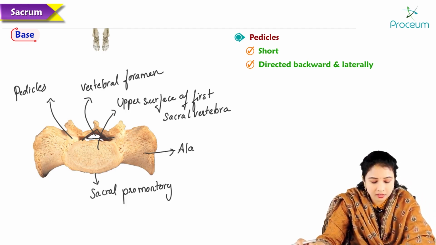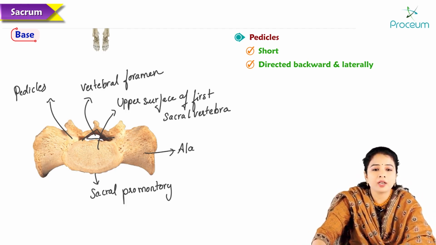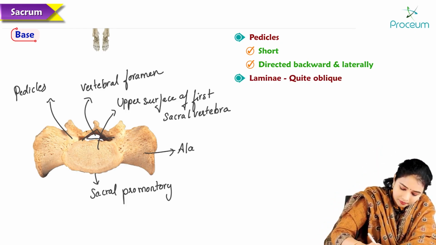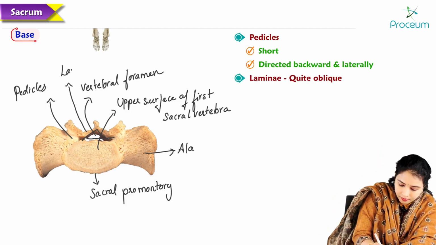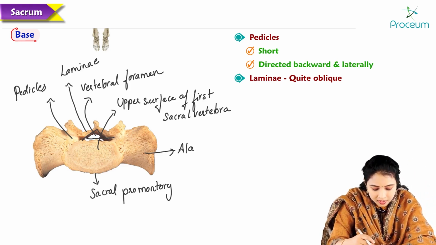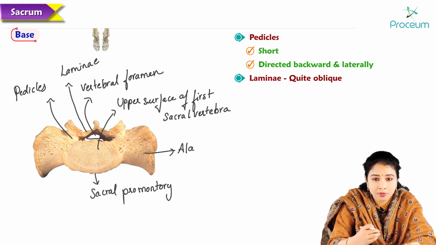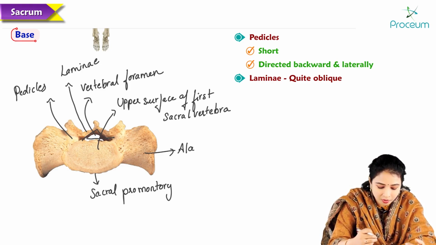The laminae are quite oblique, and they join to form a central projection, which is the spinous process.